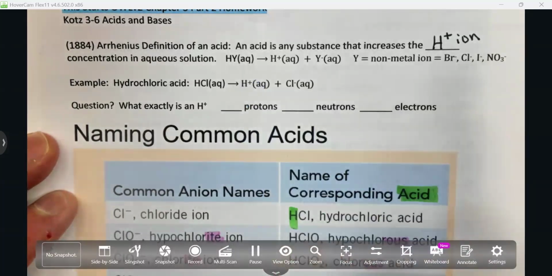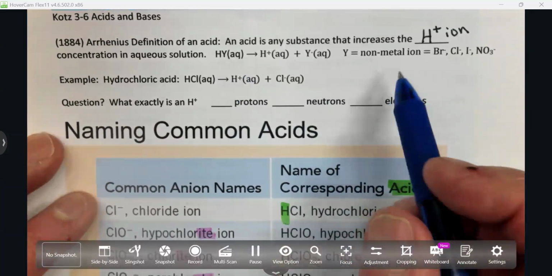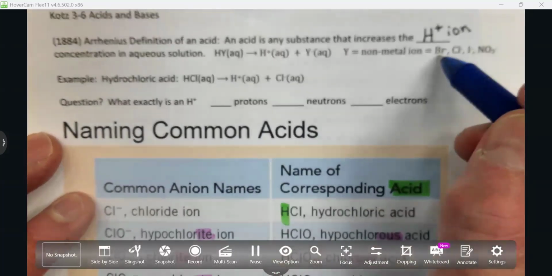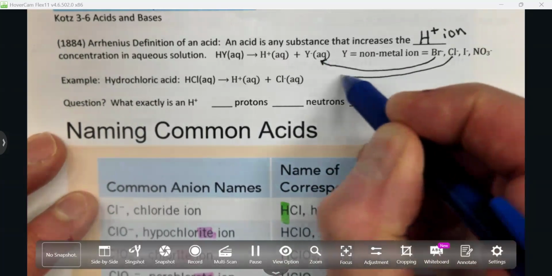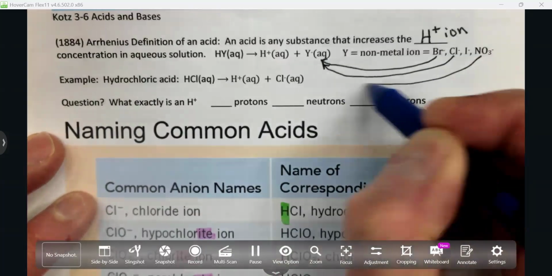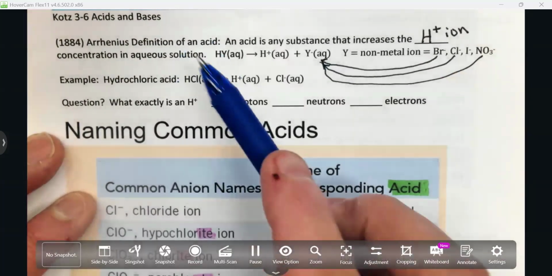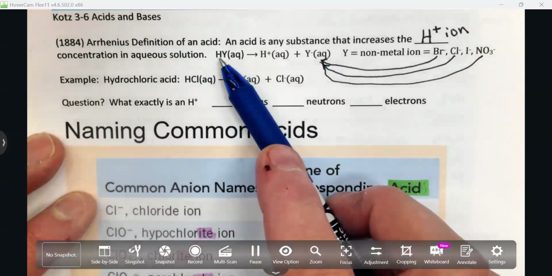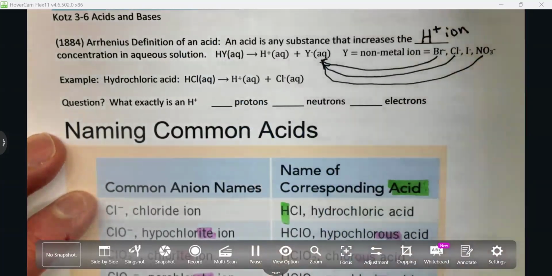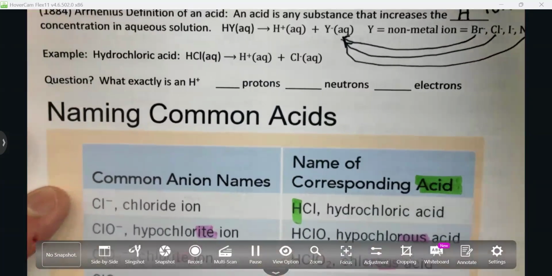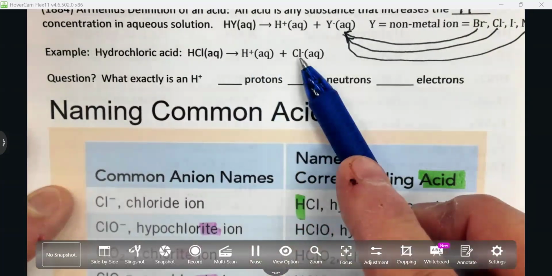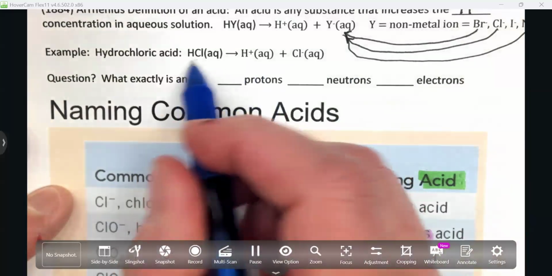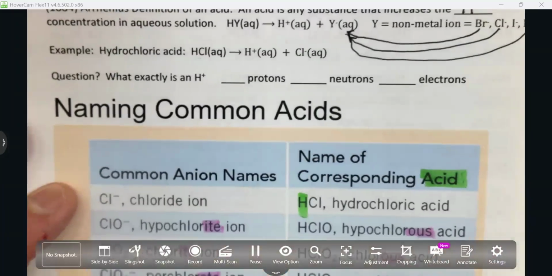Y is just a non-metal negative ion. Y can be lots of these, but that's a generic for an acid, starts with hydrogen, and Y just represents a negative ion. Here's the example, HCl, H plus Cl minus. This is a strong acid. It's going to split up.